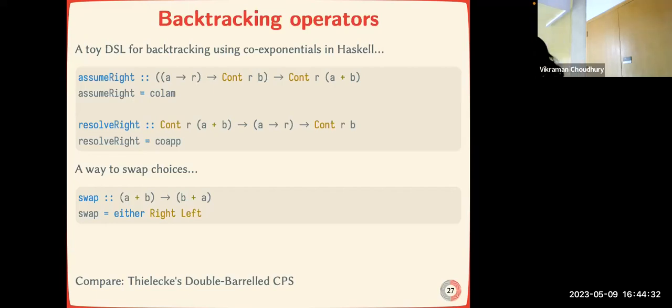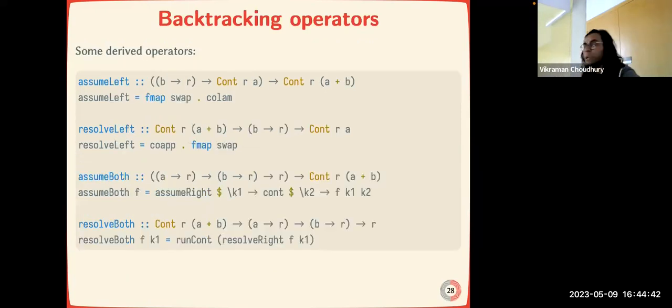Plus is commutative, so you can swap the choices you make. And when you combine swapping with these left and right assume and resolve, you get the other direction. So what is the essence of backtracking? You have two choices for your execution path.